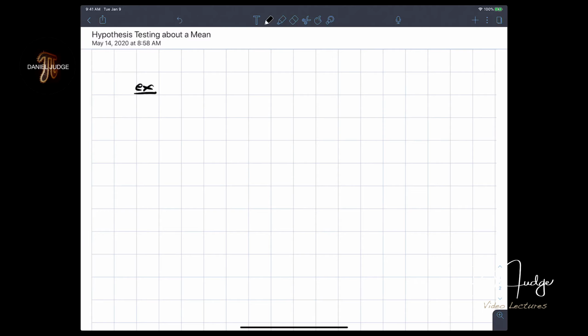It's always kind of fun to think about what kind of things people care about. We're going to do hypothesis testing about a mean. Maybe we can start with the average age of college students.